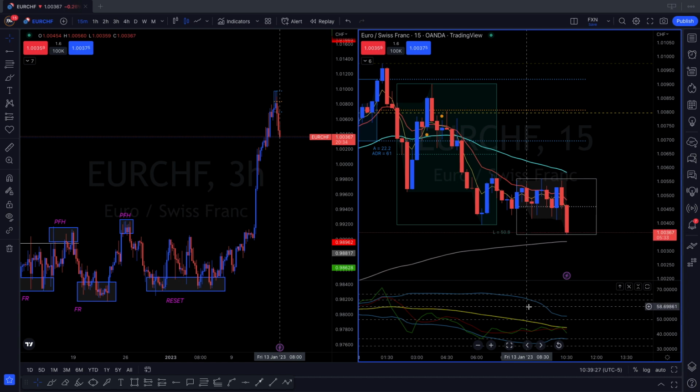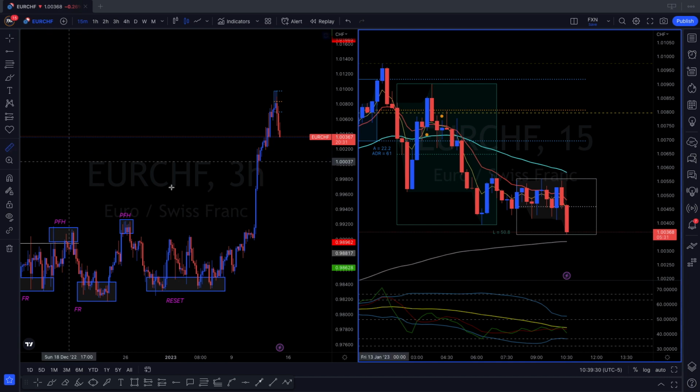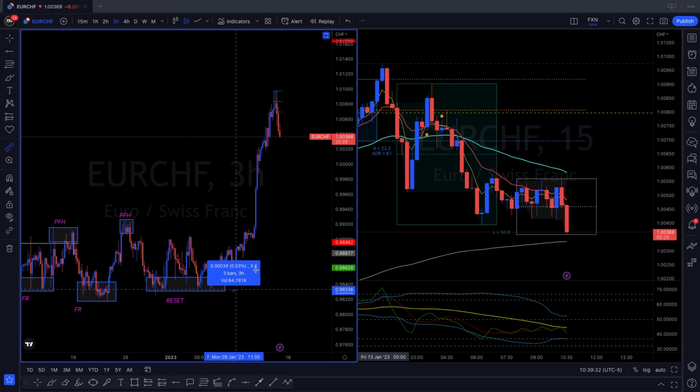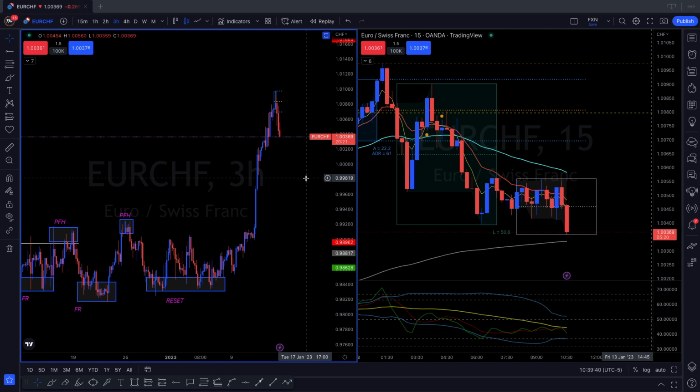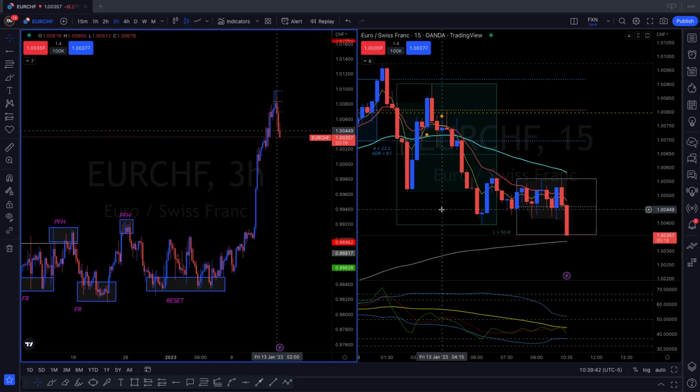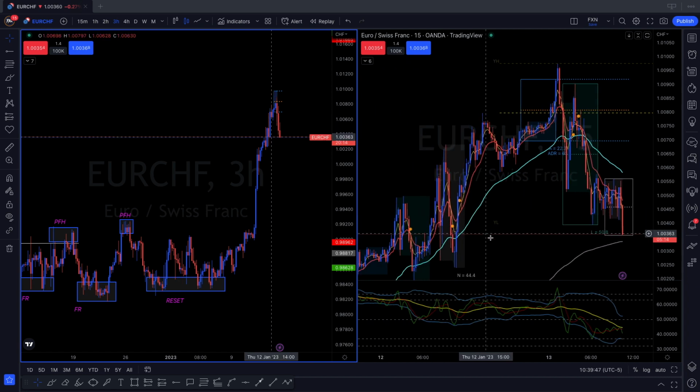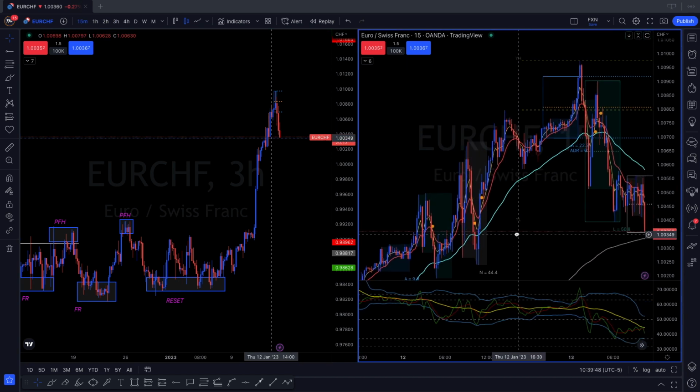Now here's the problem. Okay, if we go and measure from the bottom of this reset to the very top where price action went, it's 268 pips. Okay, that may not seem a lot, but on a pair that moves on average about 60 pips, specifically on this cycle, it's a pretty big deal.